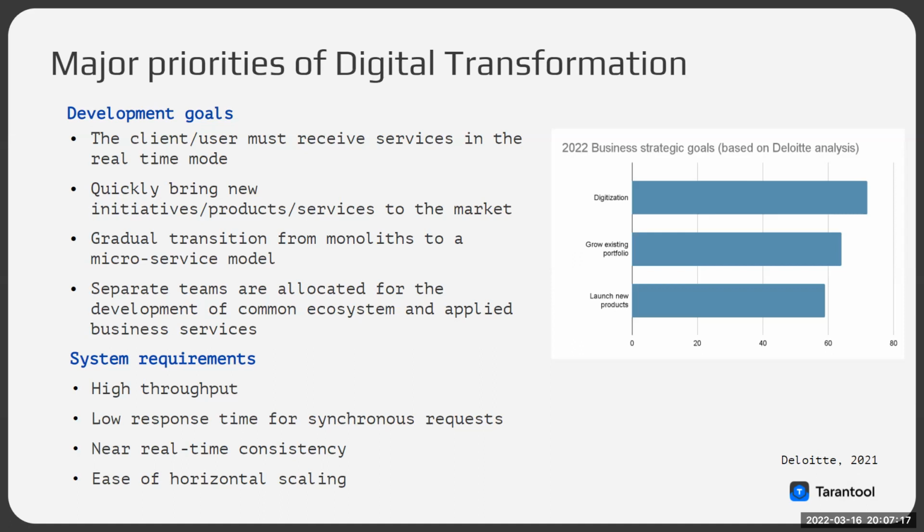The main goals of these teams are to produce services, to make them fast, make them robust, to make them quickly, and together with that, the general idea is to move, for example, from monoliths to microservice architecture. These are the major priorities that face different types of organizations.